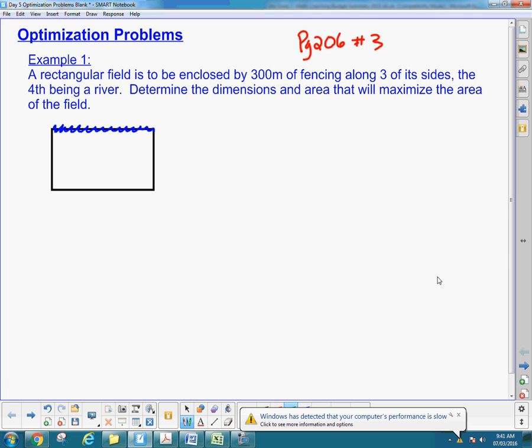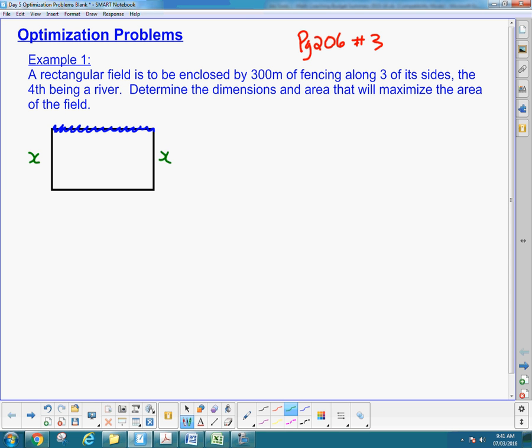So we need a function that describes the area. And to help you on this, I'm going to suggest that we've got 300 meters of fencing and we don't know any of the dimensions. So I'm going to start by calling this side x. That's one of my unknowns. And if that's x, then of course this side in a rectangular field is x. And the thinking part would be to recognize that there are 300 meters of fencing in total. So we have 300 that's going to go on these 3 sides.